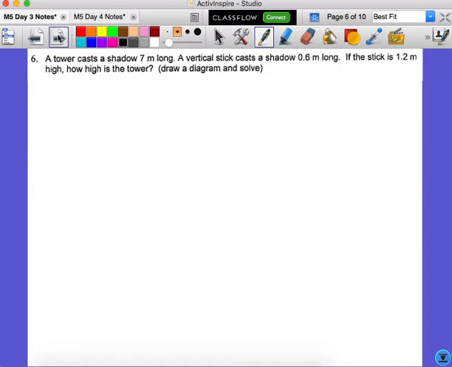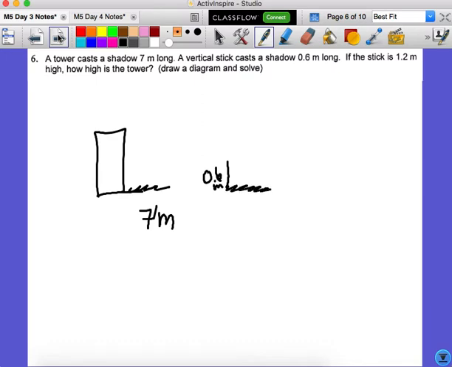Another shadow question here, I would recommend that you try this on your own and come back. Oops, I put my shadow distance in the wrong place here. So that shadow is 0.6 meters.